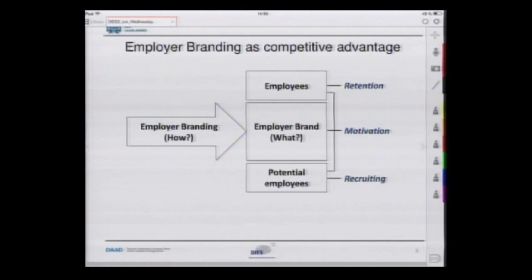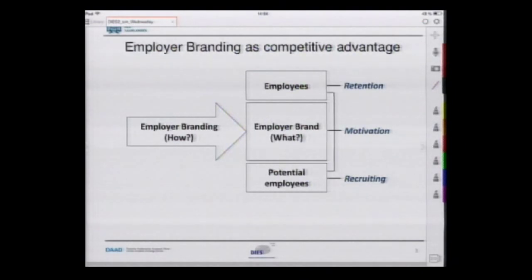So we always have an internal and an external view. Employer branding is not only things to do to reach new employees. It also affects the existing employees.